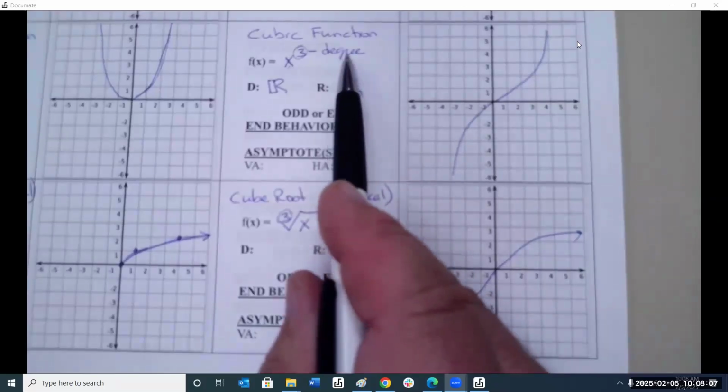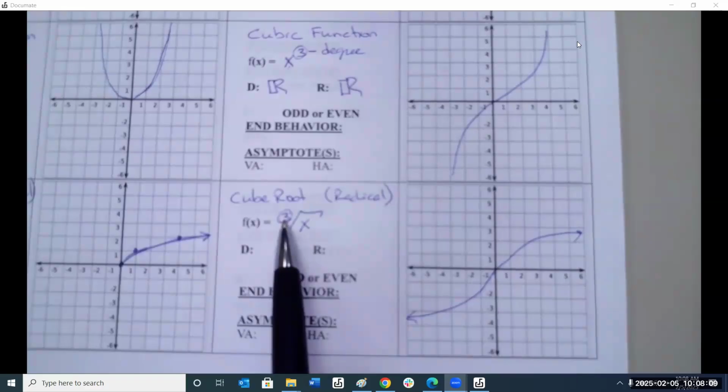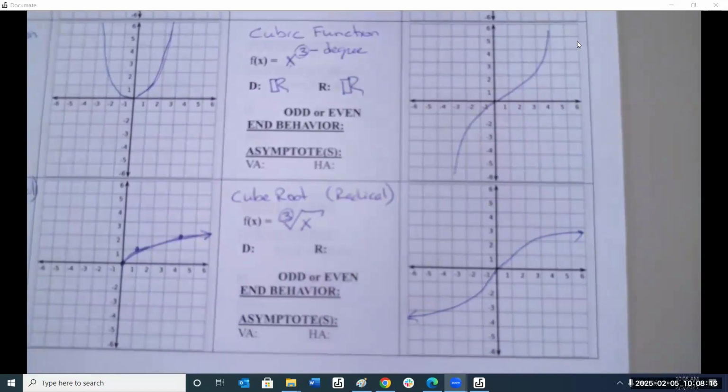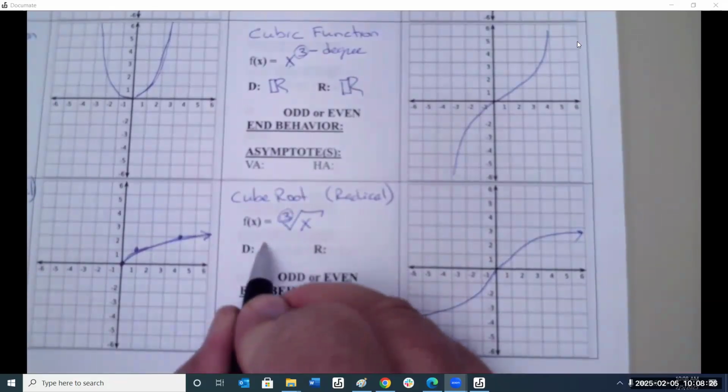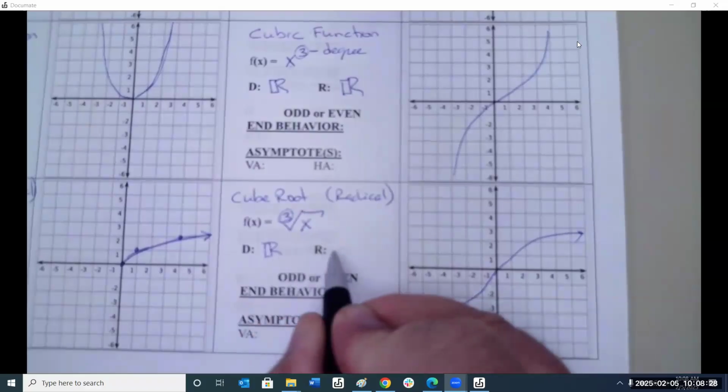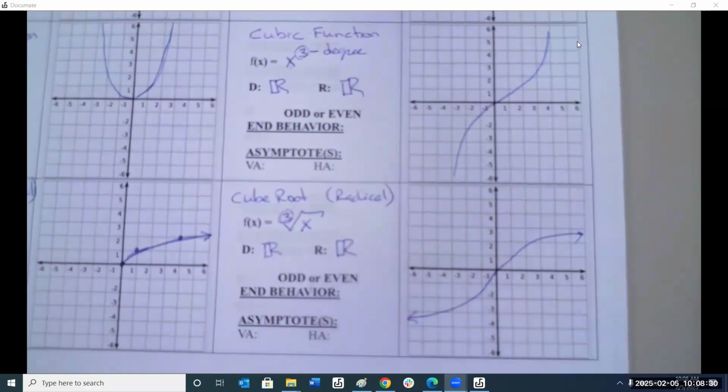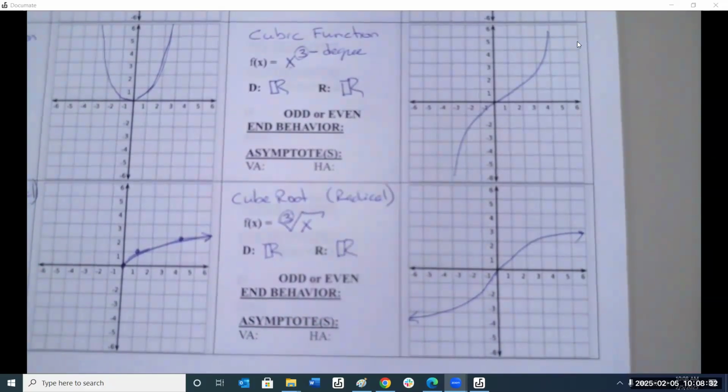So if the degree or root are odd numbers, for example, if it's a 3, 5, 7, 9, 11, and so on and so forth, then our graphs will be positive, negative, and 0. So if that's the case, our domain and range are all real numbers. Negative infinity, positive infinity.